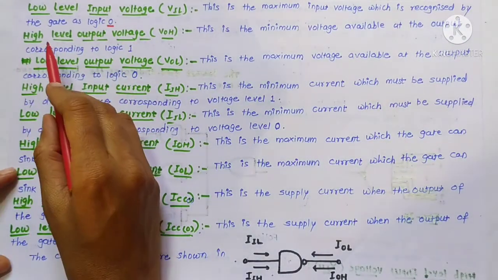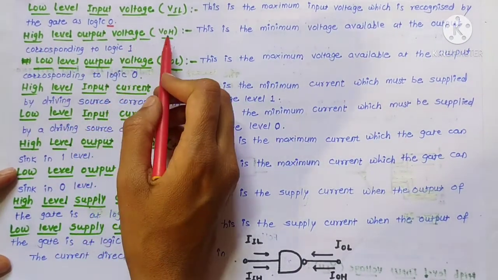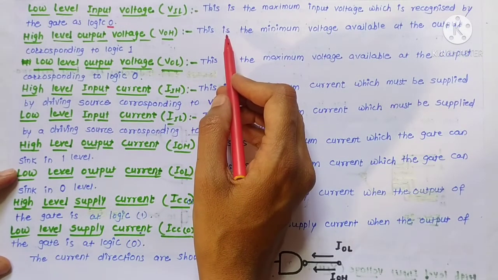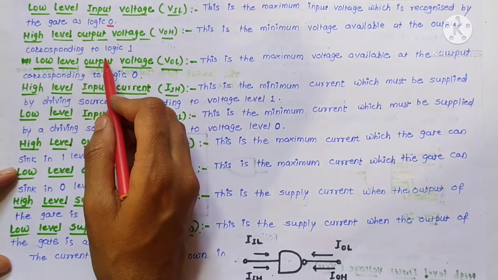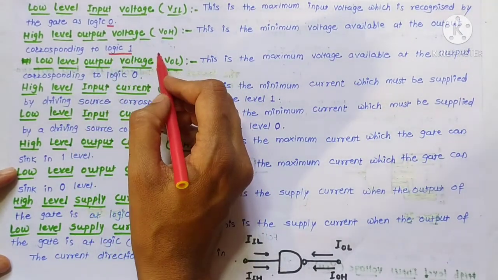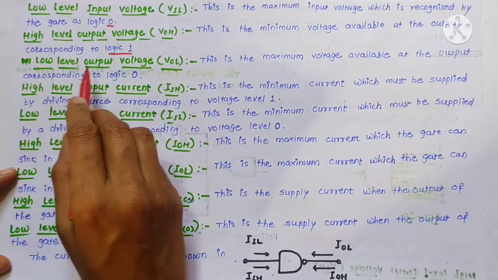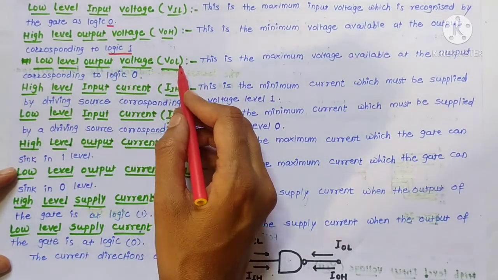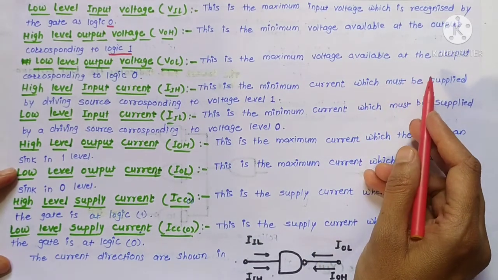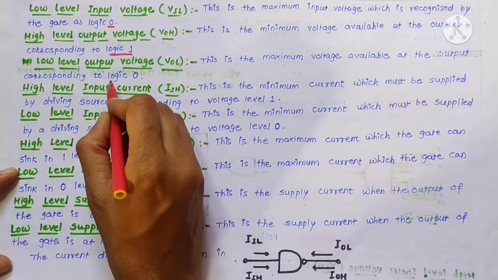High level output voltage VOH. This is the minimum voltage available at the output corresponding to logic 1. Then next, low level output voltage VOL. This is the maximum voltage available at the output corresponding to logic 0.